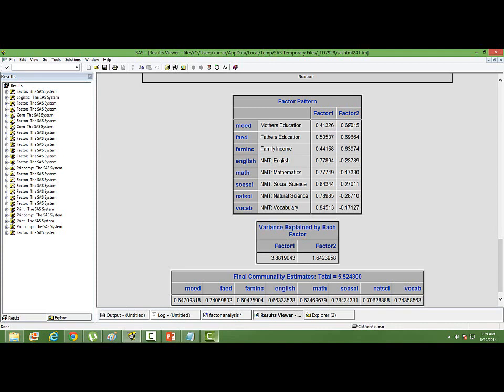Wherever you see the component value higher, just color it in the same color, and then change the color if the component is changing. Like here it's changing, right? So change it to a different one. You'll get to know which variables are similar and can be grouped together. Here the first 3 variables are similar and hence are grouped together, and the rest of the variables are again similar and can be grouped into component 1.